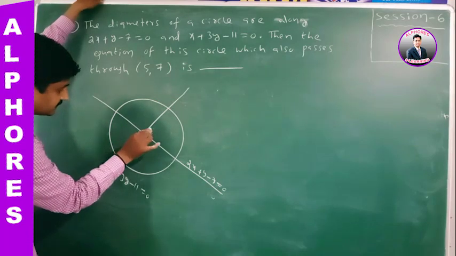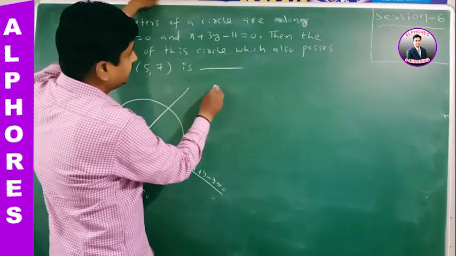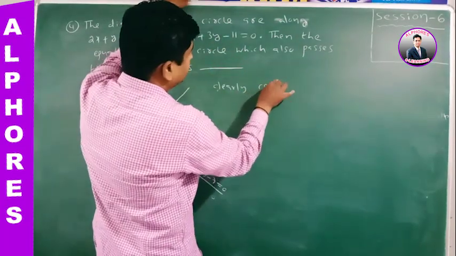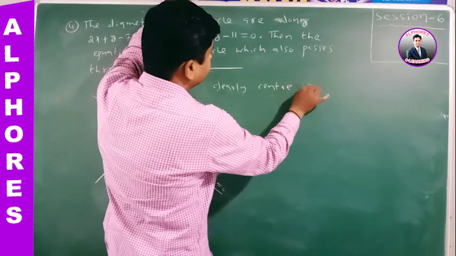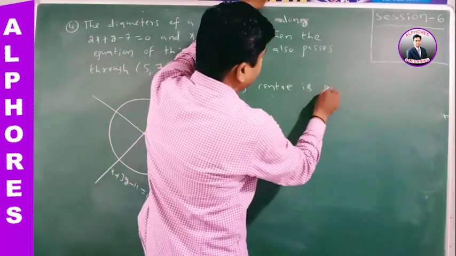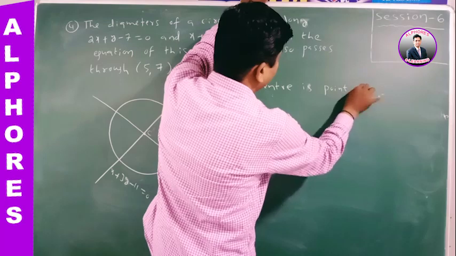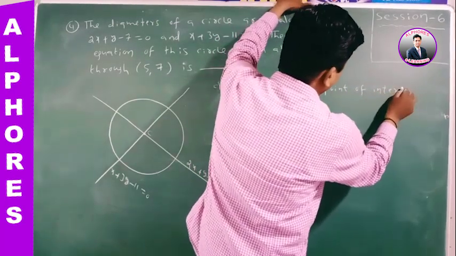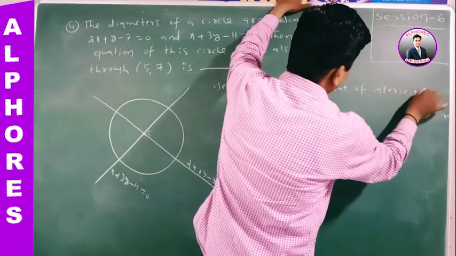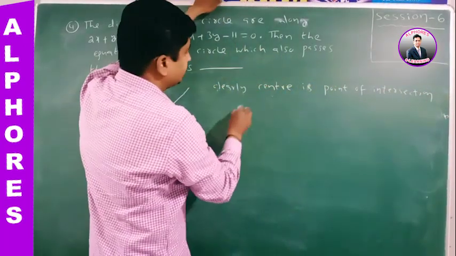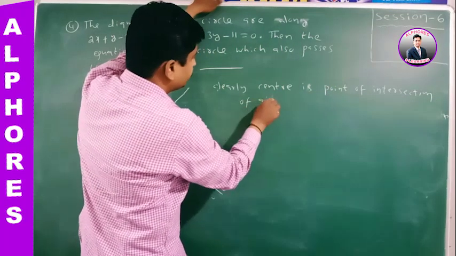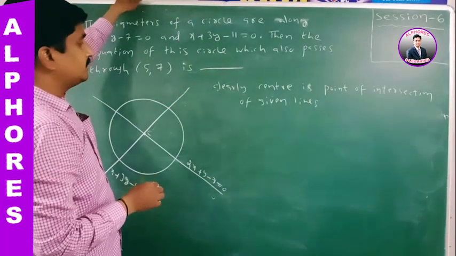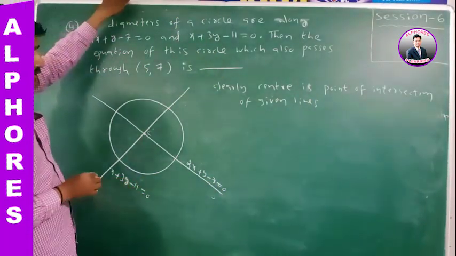Therefore this is the center. Clearly, the center is the point of intersection of the given lines.